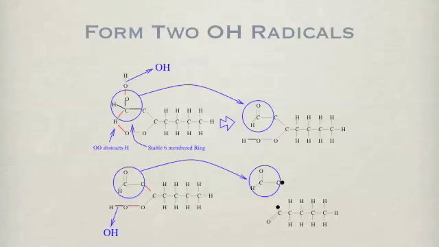From the OOQOOH species of the low temperature pathway, two hydroxyl radicals can be produced, thus promoting the catalytic activity of the low temperature hydrocarbon reactions. This slide shows the changes in the electronic structure that eventually give the two hydroxyl radicals.